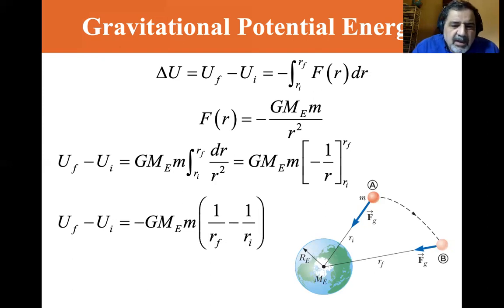So we get our last line: the change in potential energy is minus G M_E M times 1 over R final minus 1 over R initial.